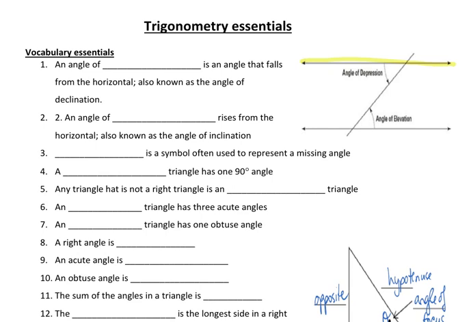If I'm looking at an angle that forms with the horizontal line and that falls from it, we call this the angle of depression. So the angle of depression is the angle that forms from the horizontal down to the line, right here.